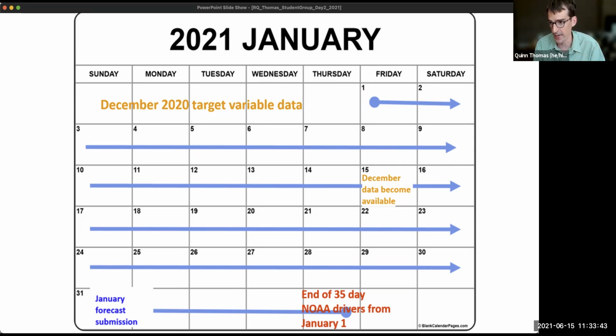So it's a genuine forecast. But since it's going out into the future still for an extra few days, you need to use forecasted weather drivers to mimic a genuine forecast. And so it's important to think about how this timing works, because it's really working around some of these data latency constraints presented by NEON.